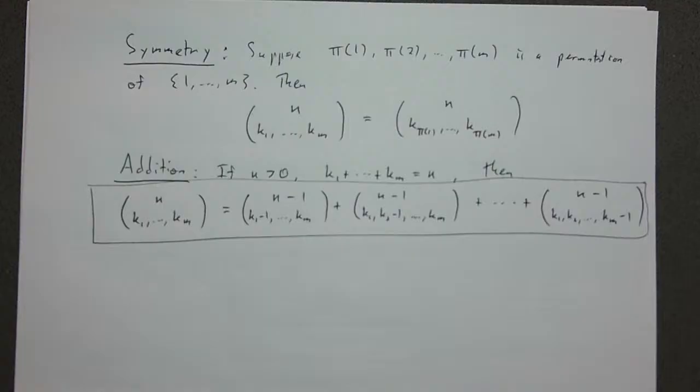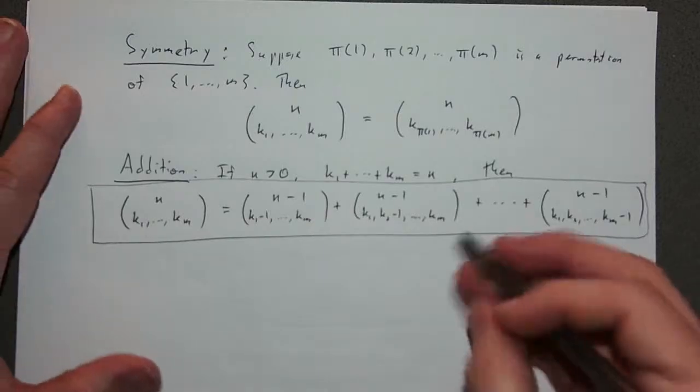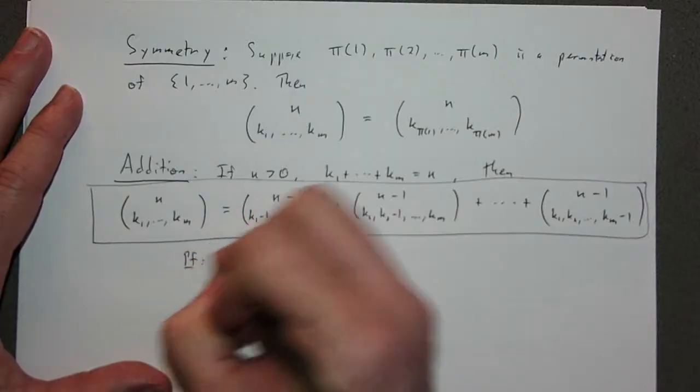Again, think about why it has to be this way. If you like, try to compare the addition rule for the binomial coefficients to this for trinomial coefficients. You can actually think directly why this is. So, like, what's a proof? We'll say this is a sketch.